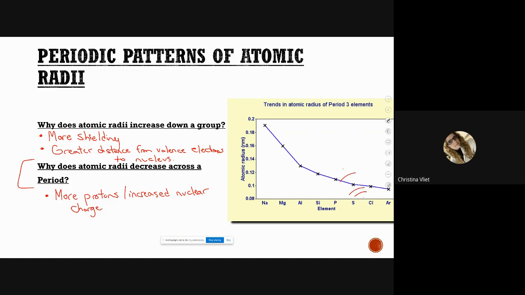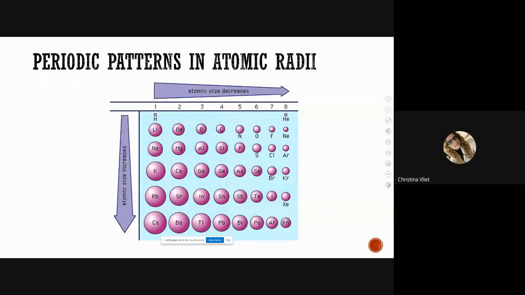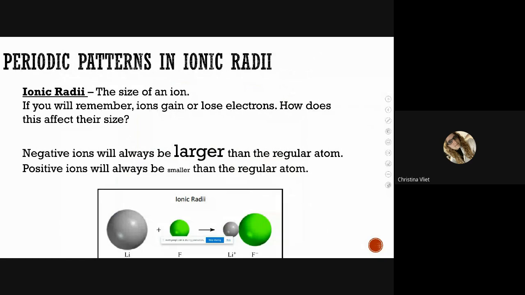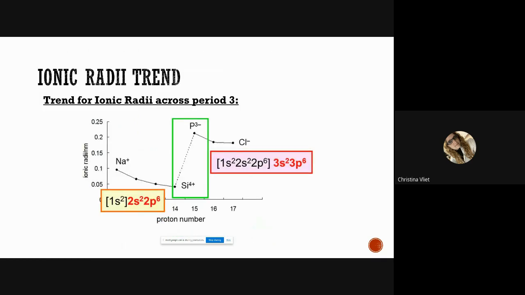For ionic radii, you also have to know the trends, which I also taught in Unit 1, so I'm going to be quick there. This is literally copy-paste from Unit 1. You just have to remember if you have an anion, it's larger. If you have a cation, it's smaller. So you get this weird little trend that it goes down, down, down, down, and then it jumps up.